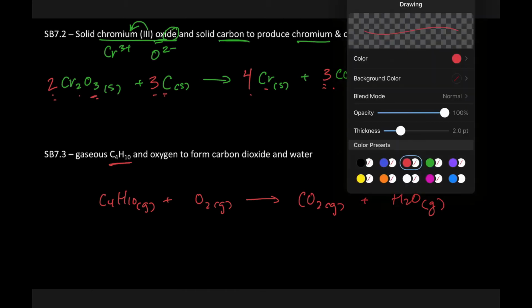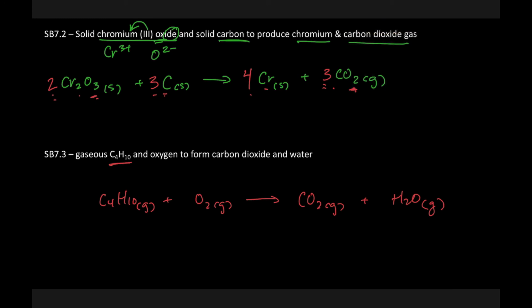We've written all the formulas based on chapter 5, using our prefixes and our knowledge of elements. Now we'll go back and add coefficients. We'll save the oxygen for last and balance everybody else first. Here are 4 carbons, here's 1 carbon, so we'll put a 4 here.